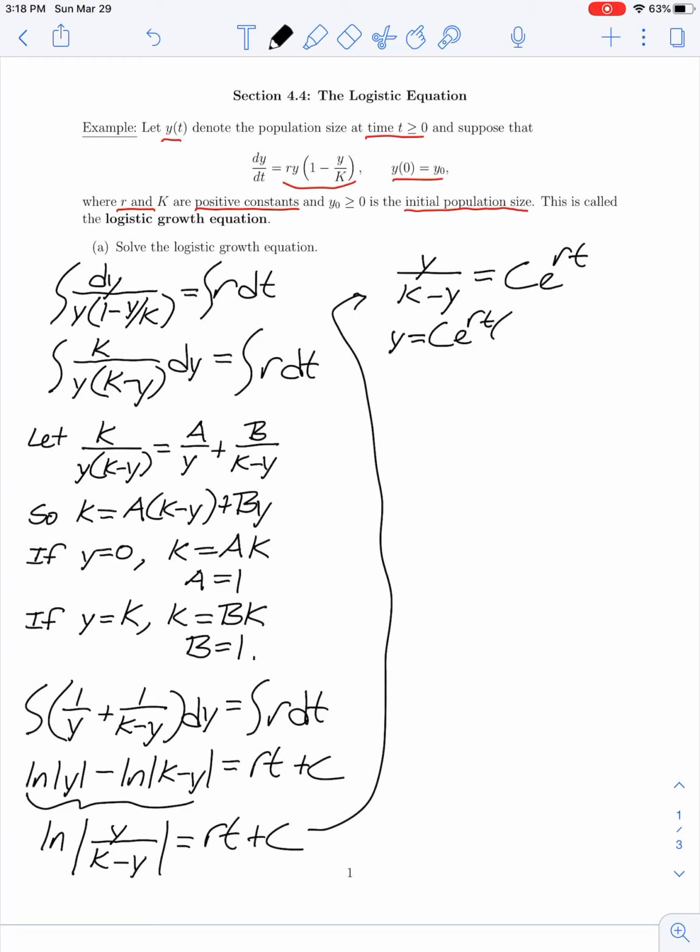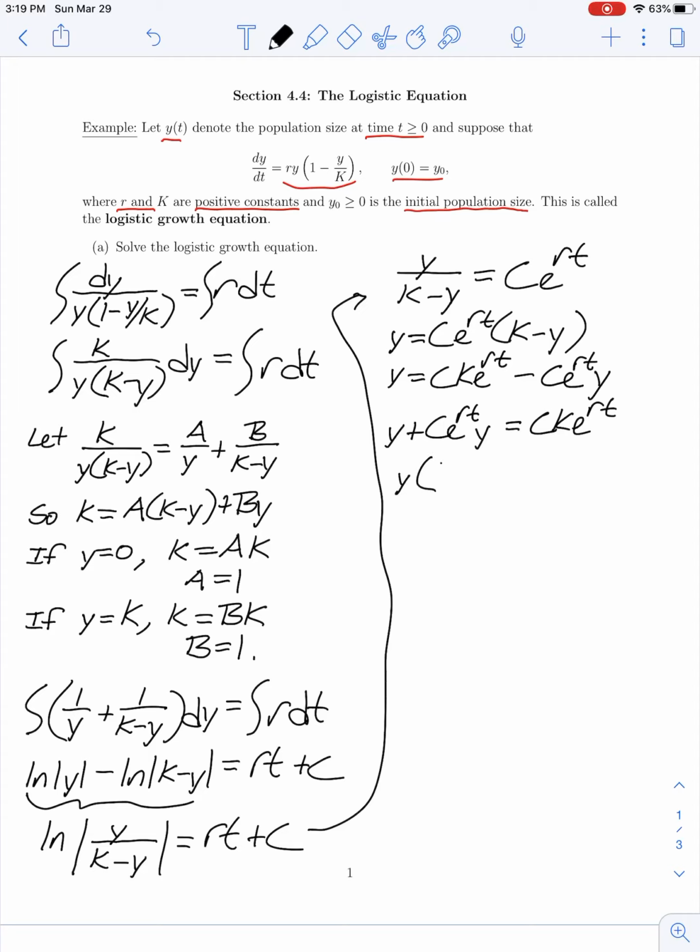So now to solve for y, we can multiply through by our denominator, k minus y, and then distribute the c e to the rt, and we have c k e to the rt minus c e to the rt times y. So grouping all of our y terms on the left-hand side, we have y plus c e to the rt times y is equal to ck e to the rt.